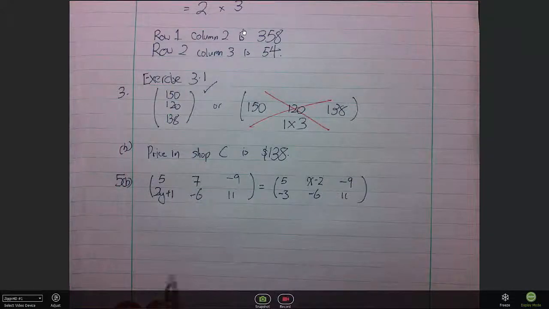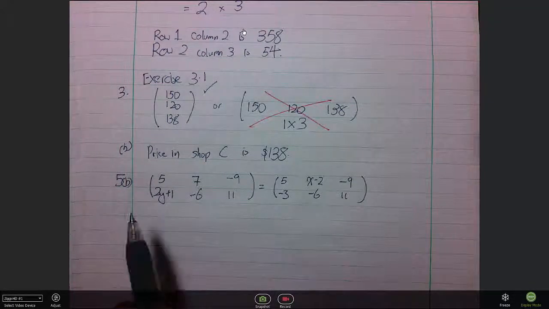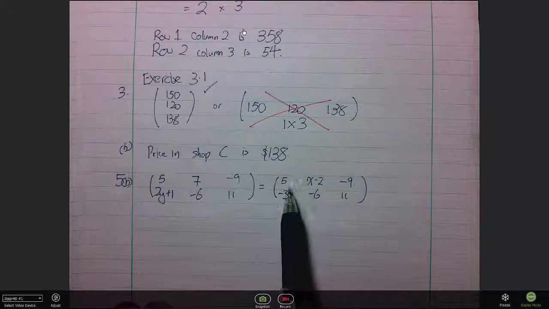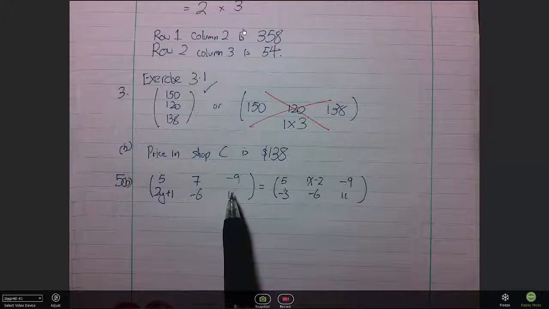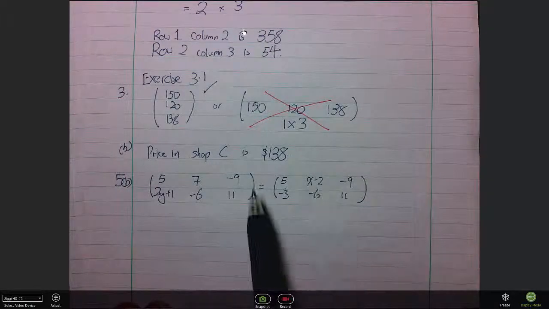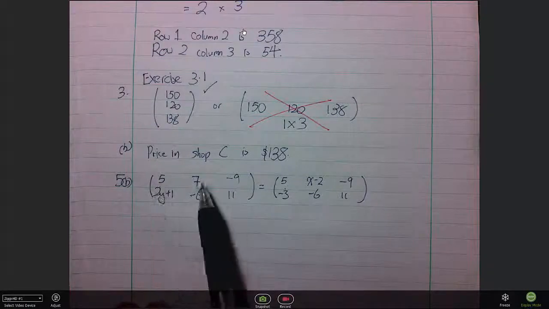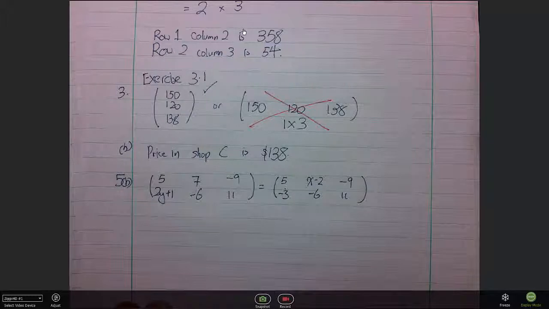So if they're equal matrices, each element should be the same. For example, row 1, column 1 is 5, so row 1, column 1 here will also be 5. Here, row 1, column 3 is negative 9, and row 1, column 3 is also negative 9. So it goes to show that if row 1, column 2 is 7, row 1, column 2 over here should also equal 7.